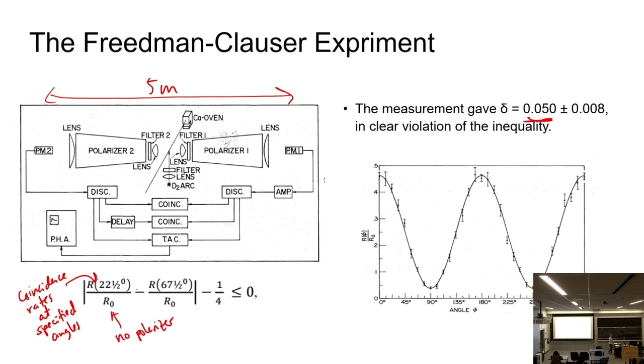If we look at these values, that's 22.5, I think, and this one is 67.5. Those are the values they measured. Minus 1/4, they get 0.05. So this was a really exciting development.